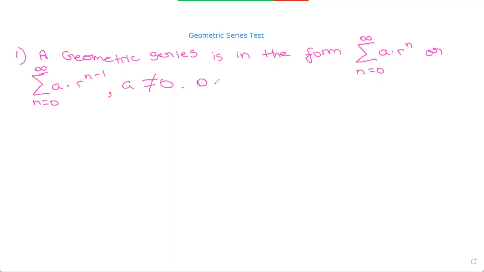So a is the first term in the series, and r is the common ratio.